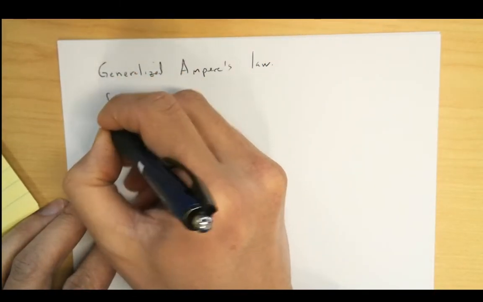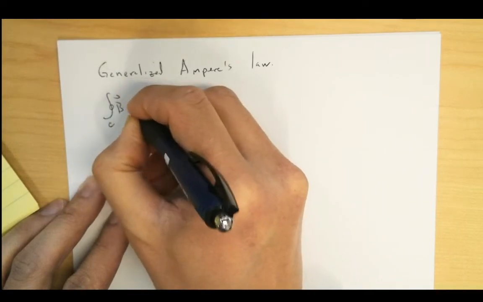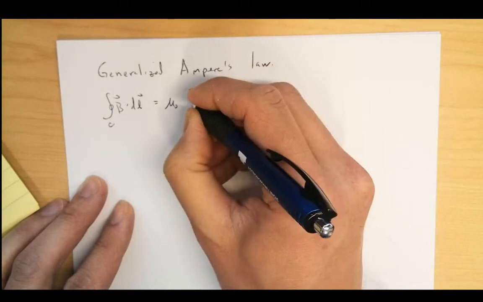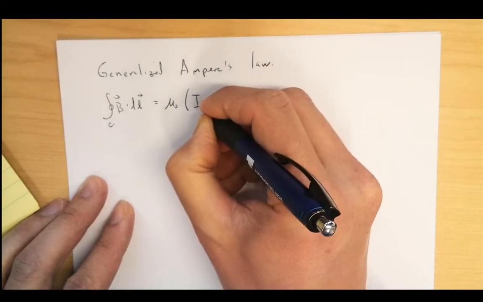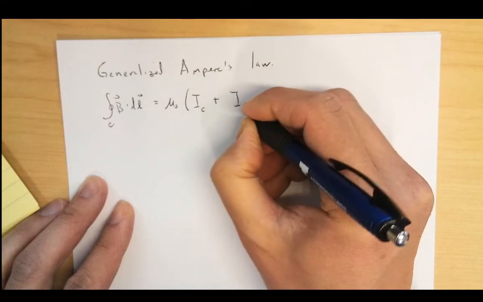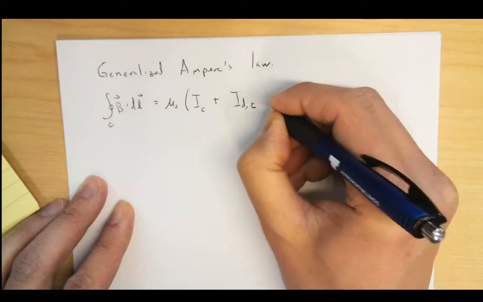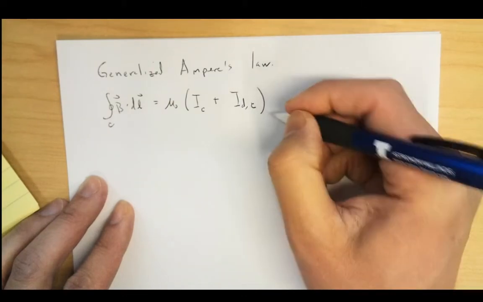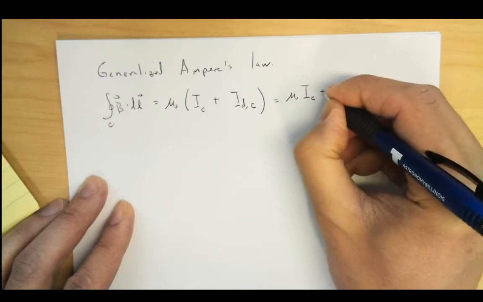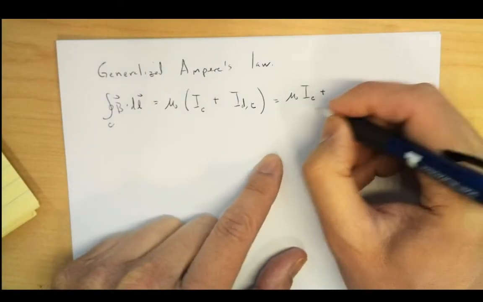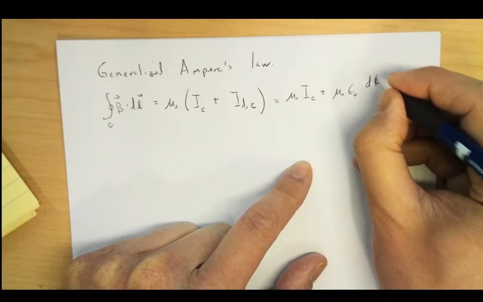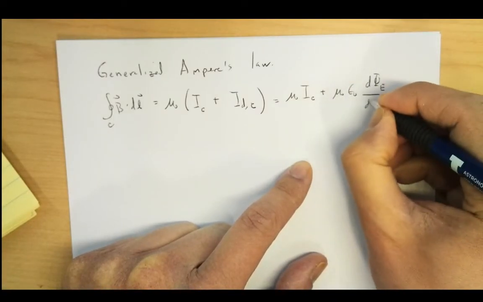So it's going to be the integral over C of B dot dl. That never had a problem. This is going to be equal to mu 0 (I_C plus I_D), which is going to be equal to mu 0 I_C, this is the regular part, plus mu 0 epsilon 0 d phi E dt.